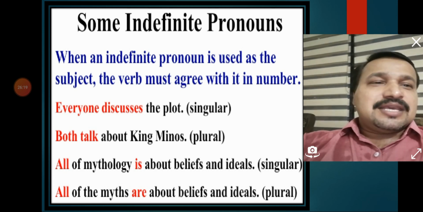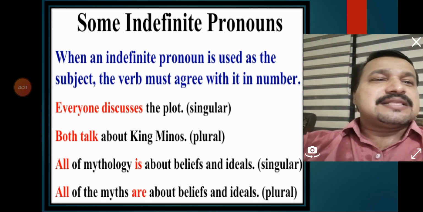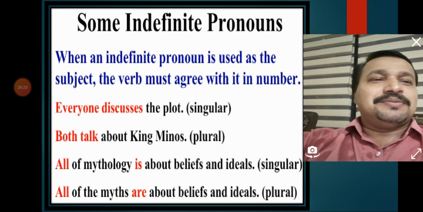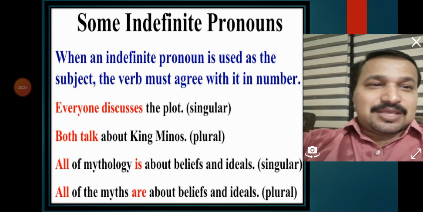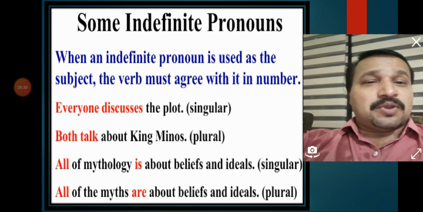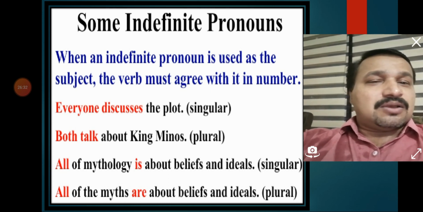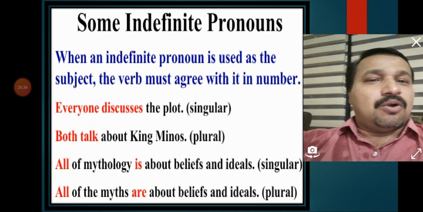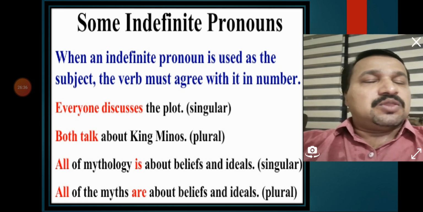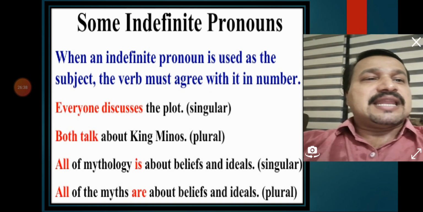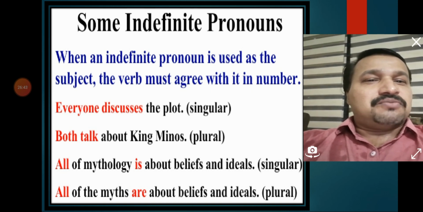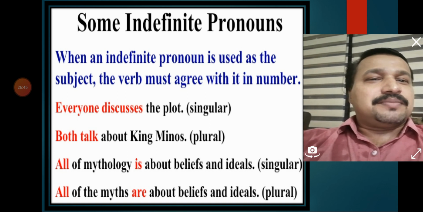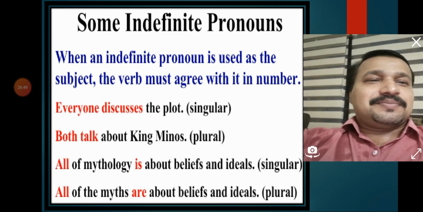That means if the number is defined, if it is a countable noun, it is considered to be either plural or singular. But if it is an indefinite pronoun, in the first sentence of this, you can see "all of mythology." Mythology itself is an uncountable noun. So that's why when we take the case of "all" to qualify this one, that is considered to be indefinite.